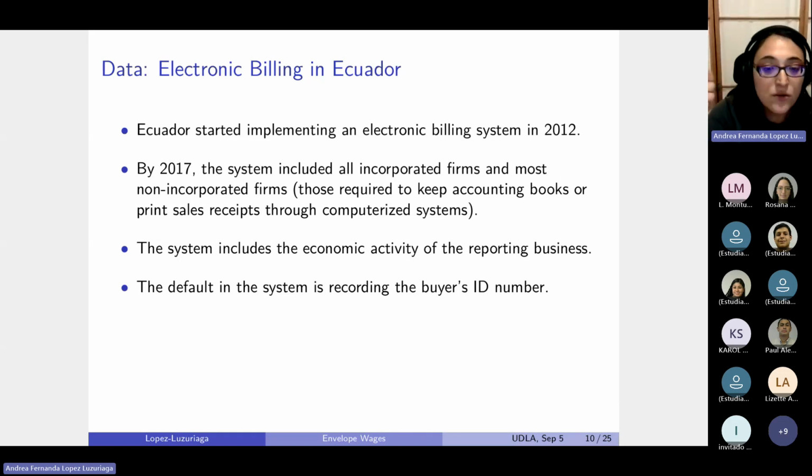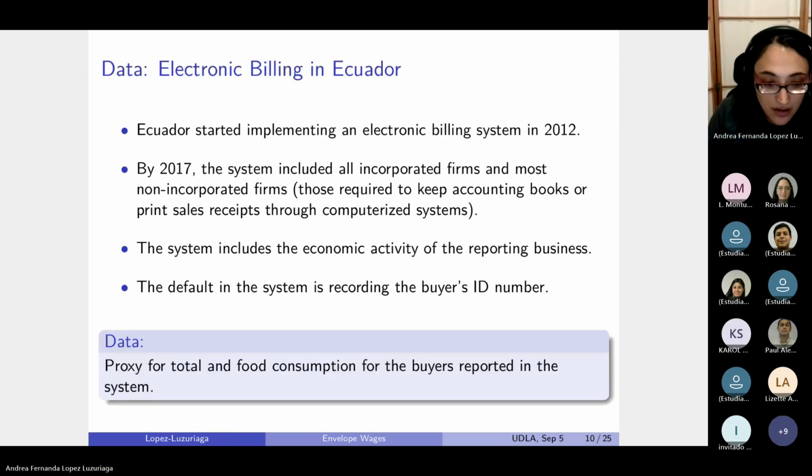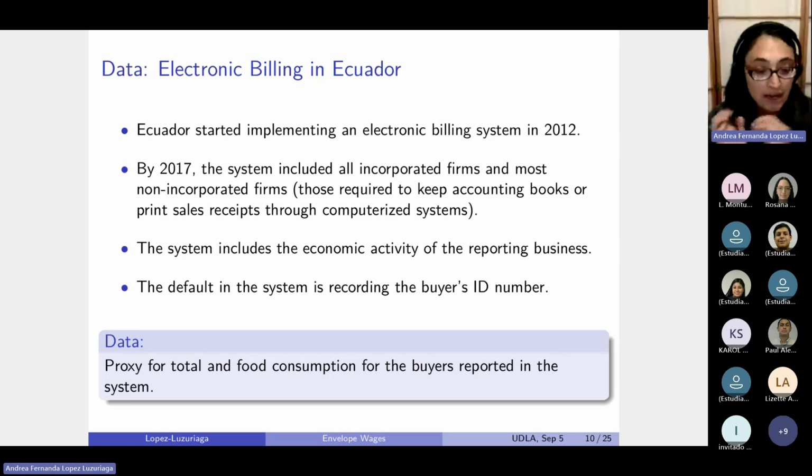So basically, what we are going to do is say, for this buyer, for this citizen, if he's using his tax ID of the cedula number, I know how much he has reported from this grocery store, so I will use this as a proxy of consumption of food. And a proxy of total consumption for that person. So this is third-party reporting information too. I'm not telling the tax authority how much my food consumption was, but they can observe every time that I went to the grocery store and asked for a receipt in my name.